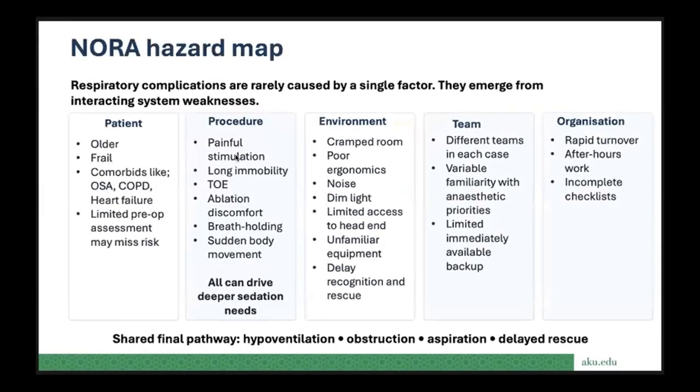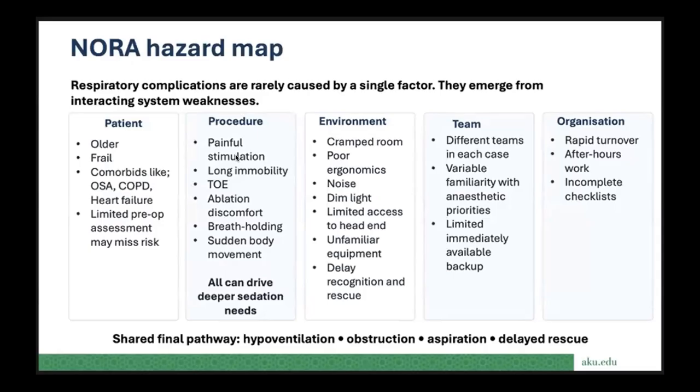Now, the NORA hazard map. This hazard map is useful because respiratory complications almost never come from one isolated cause. Usually several weaknesses align. The patients may be elderly, frail, obese, or have a history of obstructive sleep apnea, COPD, or heart failure.